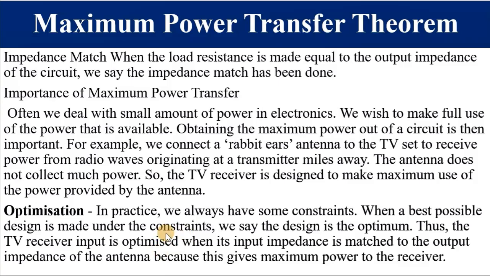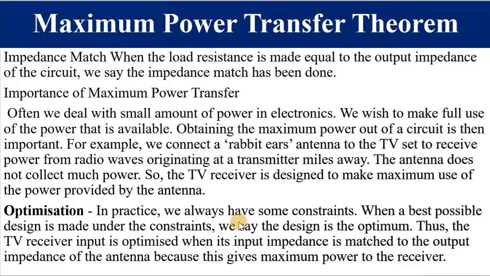And how is it optimized? Its input impedance. We know our antennas, our DStv dishes, have got a cable that we plug onto our decoders. So we make sure the input impedance is matched to the output impedance of the antenna. Each antenna has got an impedance. That coaxial cable from the dish or from any antenna to our TVs or to our decoders has got an impedance, and some have got an impedance of 50 ohms.